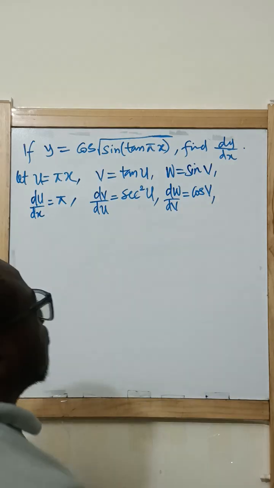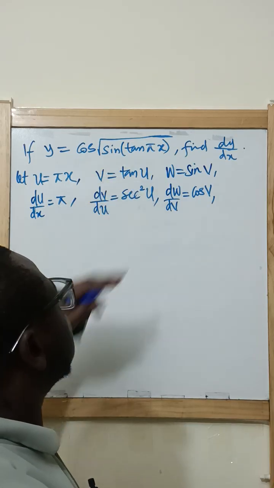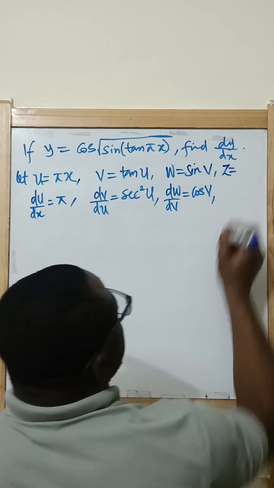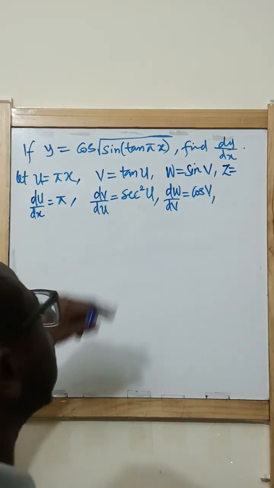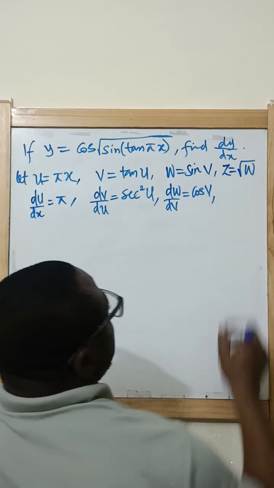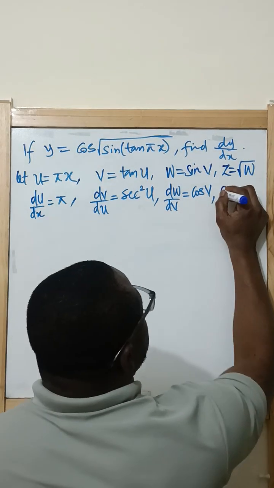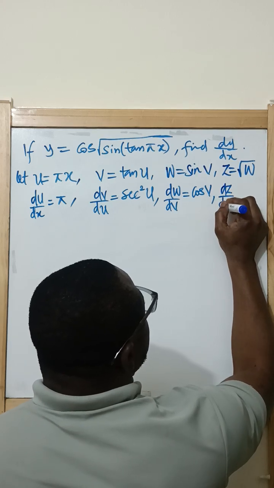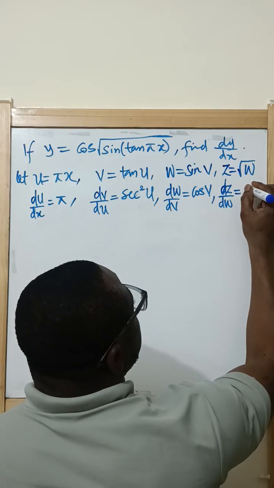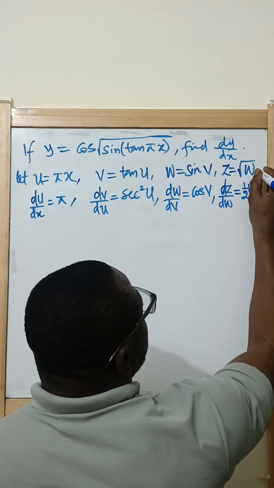Now we find the square root, so let's use z. z is now the square root of w. That's another function. So dz/dw is going to be half w raised to power minus half.